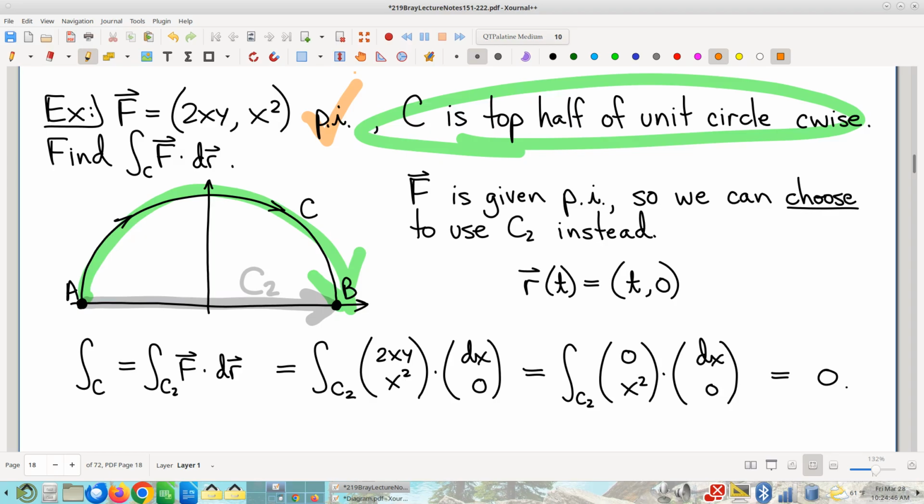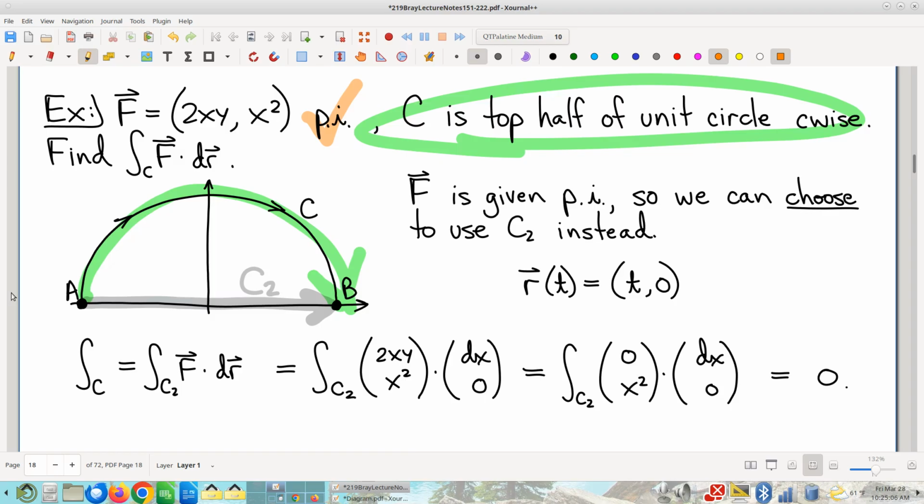So, okay, path independent vector field. How am I going to compute this integral? If you think about this, doing this the old fashioned way, we'd parameterize the curve. That's going to bring trig into it. That's going to make the resulting pullback integral full of trig, and those can be inconvenient.